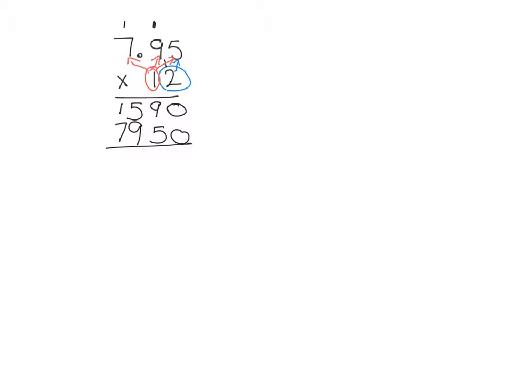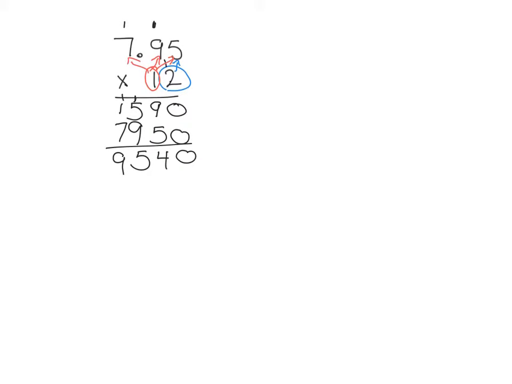So you can see we've got 2 sets of numbers here, and now we just add straight up and down. 0 plus 0 gives us 0, 9 plus 5 gives me 14, so carry the 1. 1 plus 5 plus 9 gives me 15. Bring the 1 over. 1 plus 1 plus 7 gives me 9.